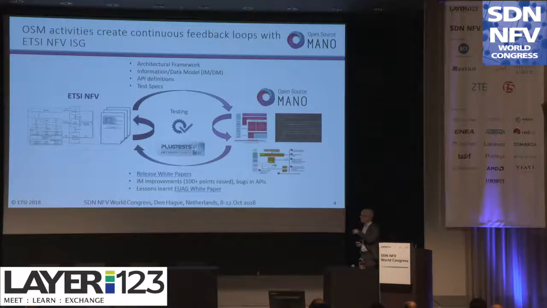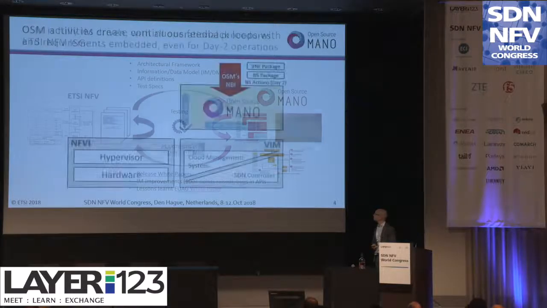Then we have also published a white paper, which I encourage you to read. This gives a quite detailed view on how we experience the use of ETSI NFV ISG standards. That's the work model, and this is working very fine, something we will continue doing.